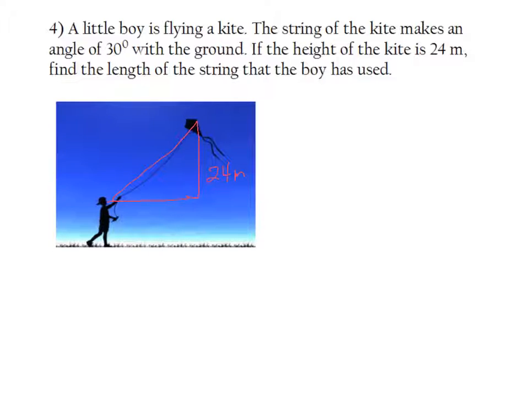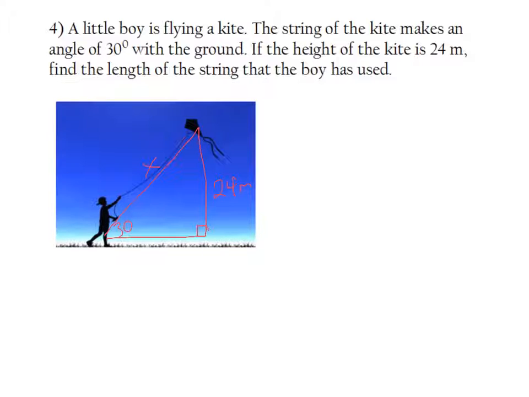The angle of elevation, oh, well, it says with the ground. I guess I could redraw that to make it work with the ground versus his eye level height. 30 degrees, 24 meters. Can you figure out how long the string is that he has let out?